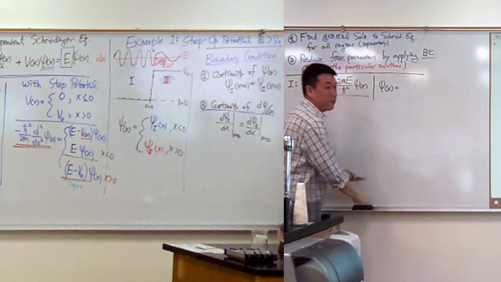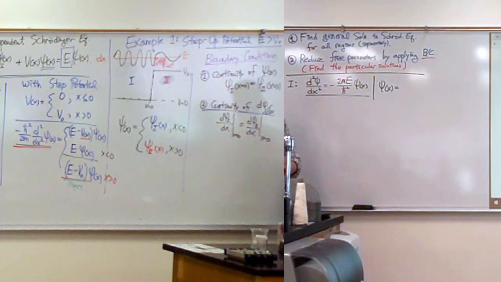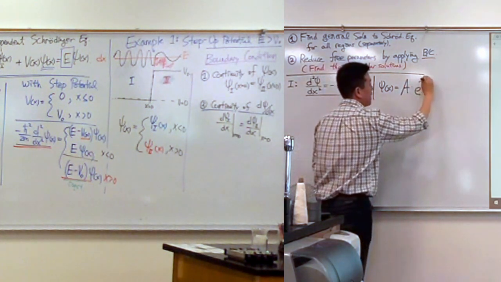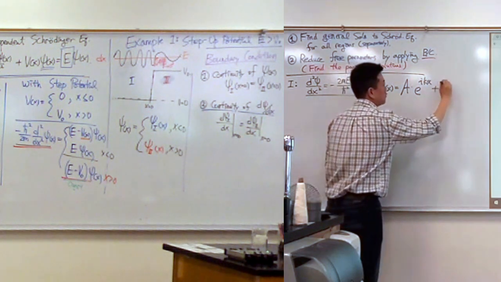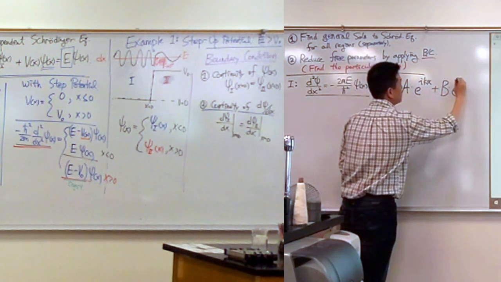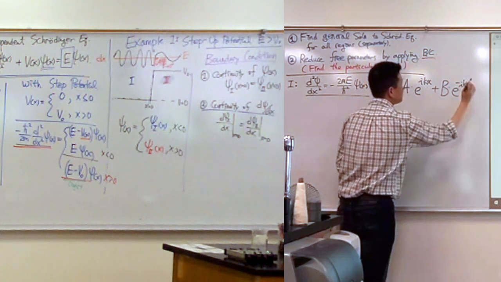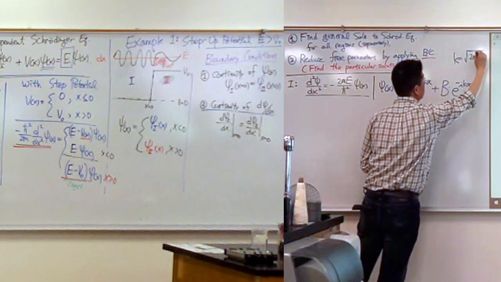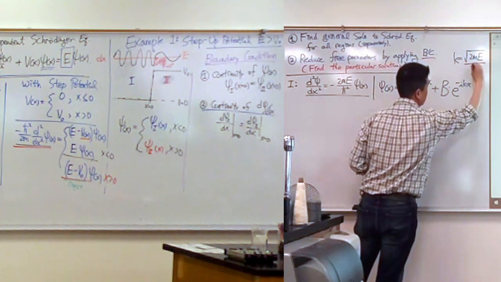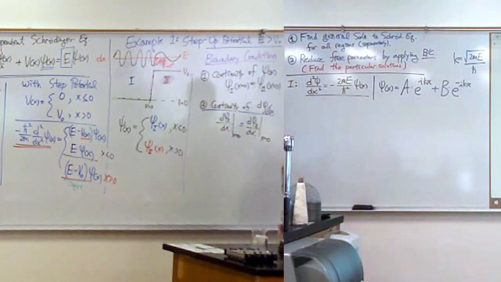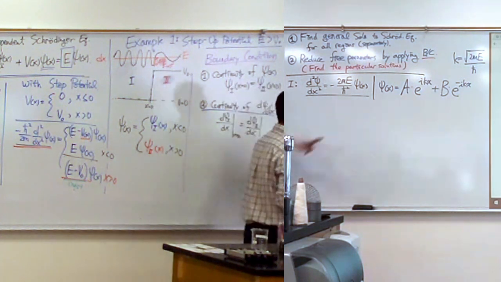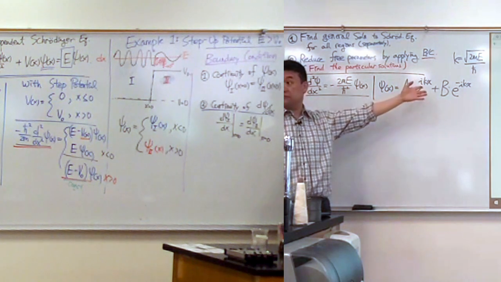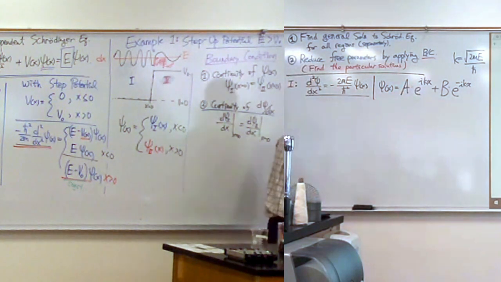So instead of this, psi of x is still two coefficients: coefficient A times e to the i kx plus coefficient B times e to the minus i kx, where k is still defined the same way, square root of 2mE, and I pulled out h bar so that now it's just divided by h bar. Good? And you can see how by combining these coefficients differently, you can get cosine, you can get sine, right? So they will cover the same space of functions.